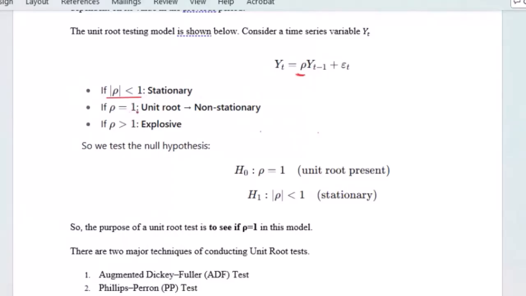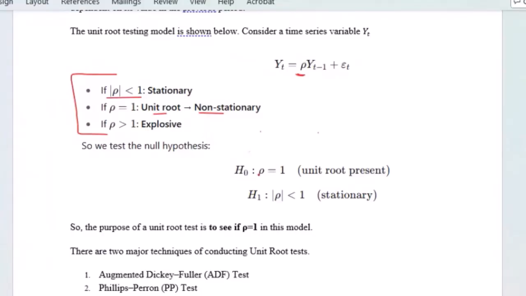If p is equal to 1, we assume that there is a unit root and the data is not stationary. And if p is greater than 1, we assume that the data is explosive. So this is the hypothesis that we test: if p is less than 1, the data is stationary; if p is equal to 1, we have a unit root and the data is not stationary.